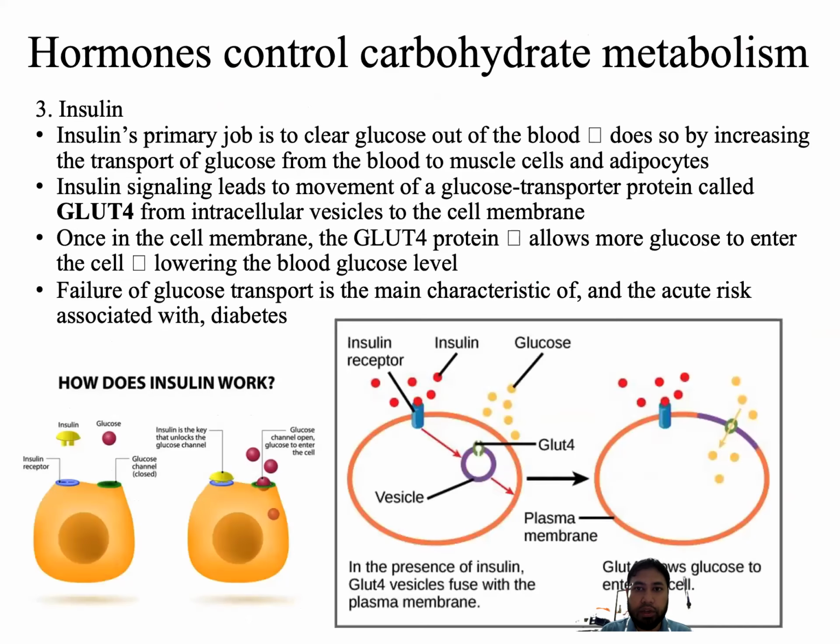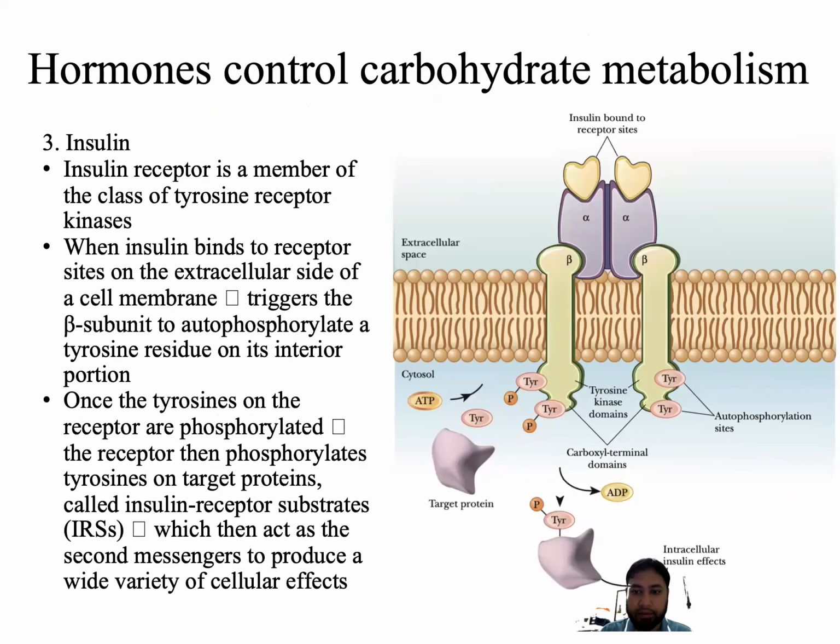Okay, this is insulin too. Let me discuss a bit on this, so that you're not left behind. I will take a simple one, like insulin. I already discussed this, but this is an illustration to show you. On the top, the extracellular space, is where you can find the insulin bound to the receptor site, the heart shape.